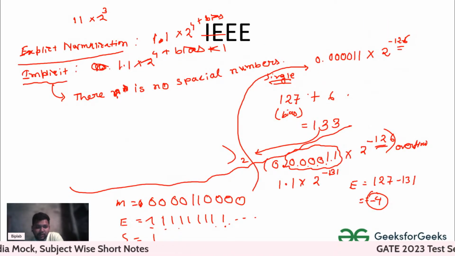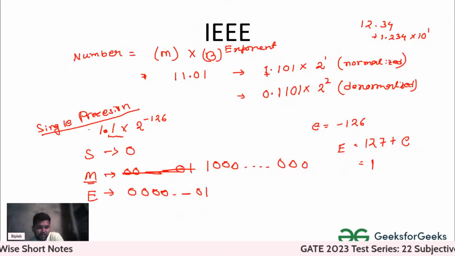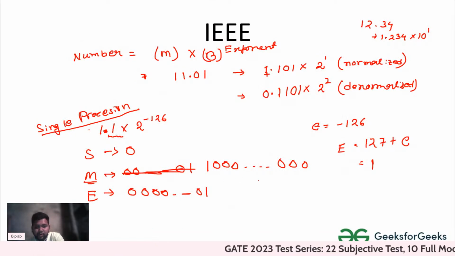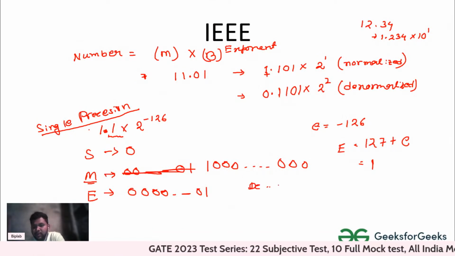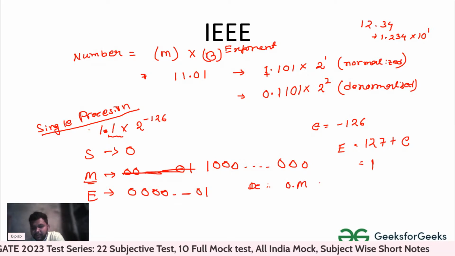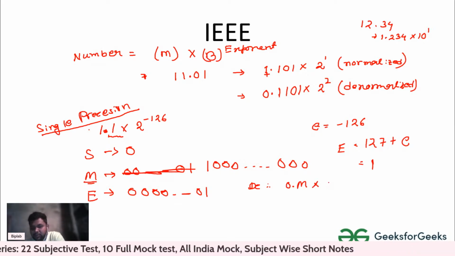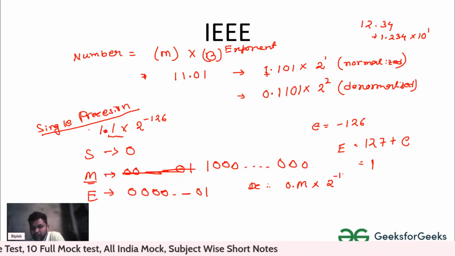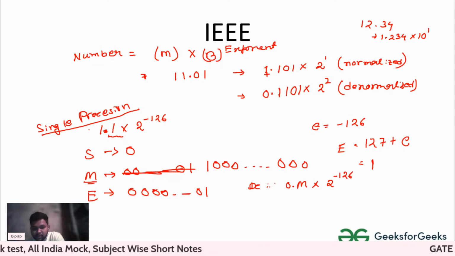When you know this is a denormalized number, you write the number as 0.m into 2 to the power minus 126, and here you have the sign bit.